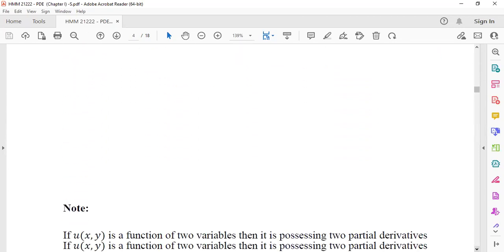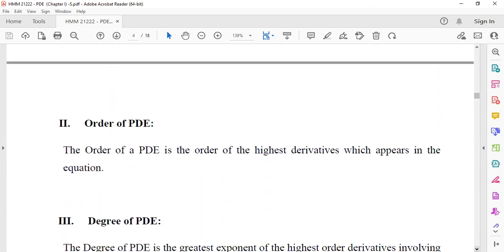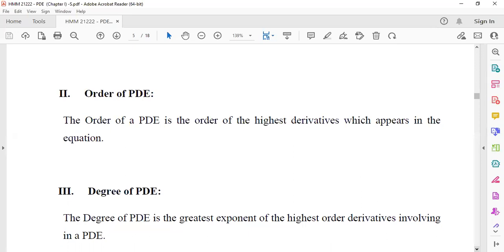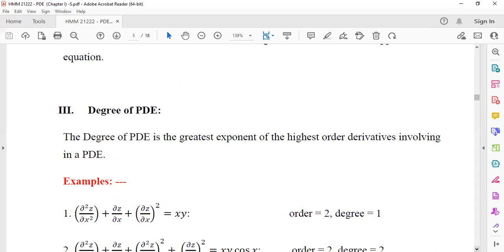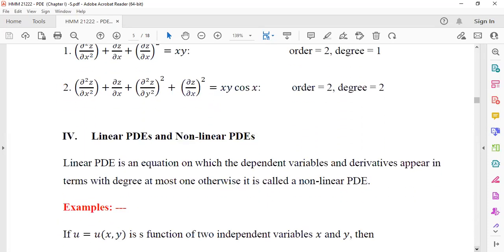If you are taking the derivative with respect to x, you keep the other independent variable fixed, like a constant. Next we saw the order of a partial differential equation, which is the highest derivative appearing in the equation, and the degree of the PDE, the greatest exponent of that highest-order derivative.